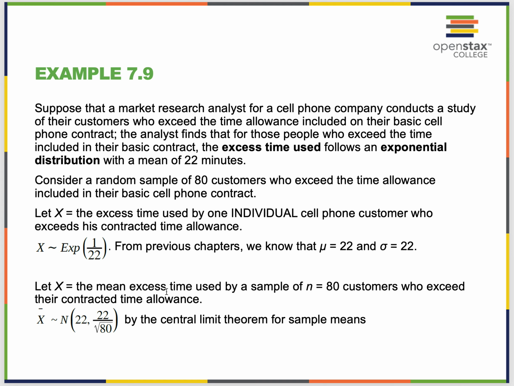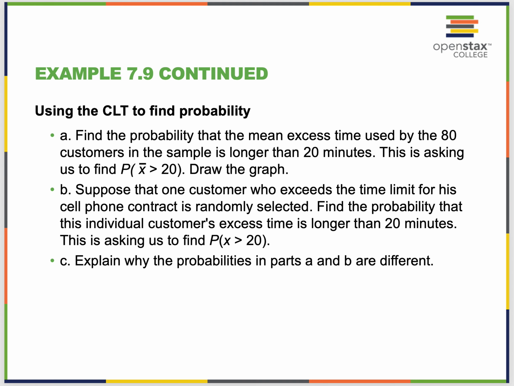Let X bar be the mean excess time used by the sample, n equals 80. And we know that X bar has a mean of 22, and a standard deviation of 22 divided by the square root of 80 by the central limit theorem. So then we can look at this problem, this example. Find the probability that it's greater than 20.